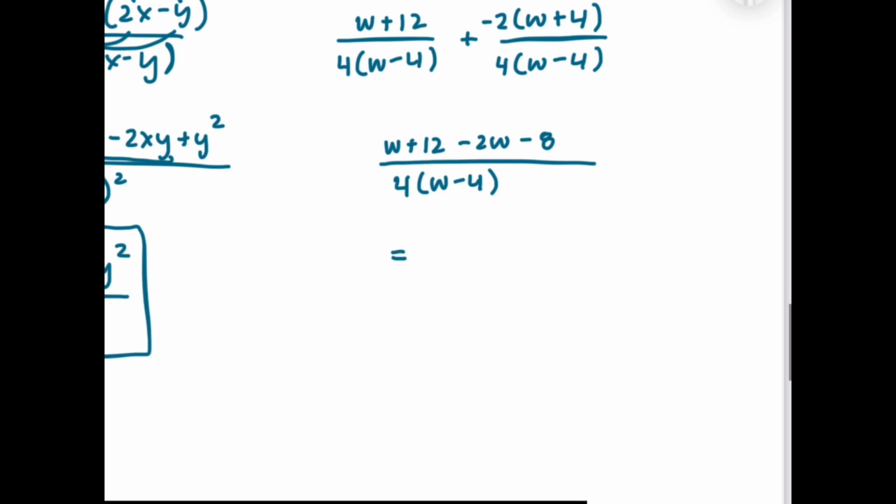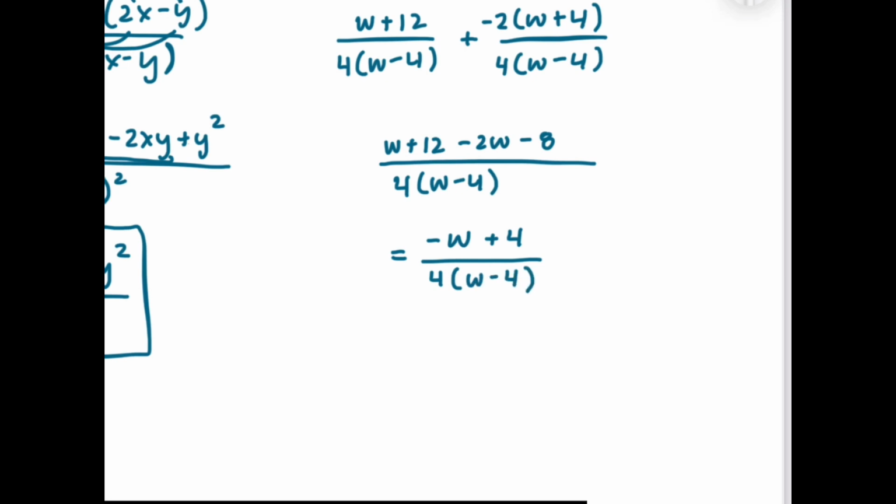And then we're going to have to combine like terms on the numerator. So we'd have w minus 2w, which is negative w. And then 12 minus 8 is positive 4. And then we have 4 times w minus 4 left on the bottom.